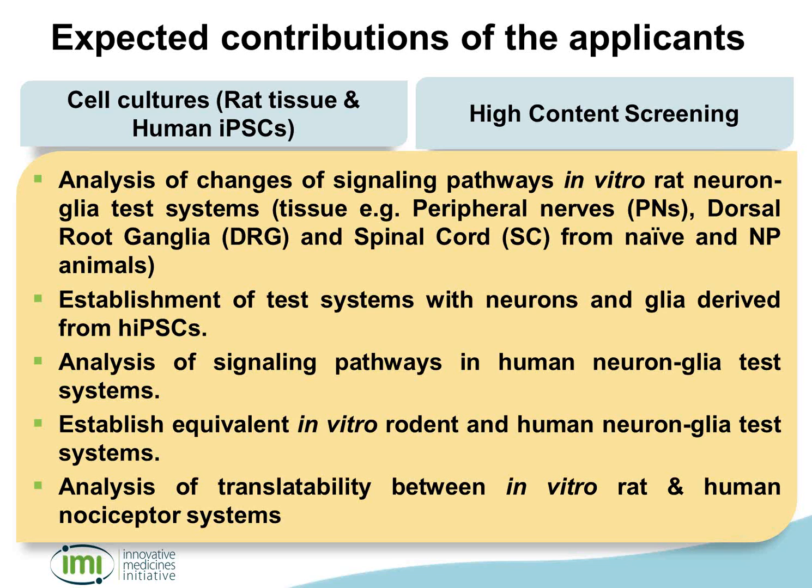Again, the exact definition of what should be done in a very specific way will be defined during the full proposal process. But this is what we expect from an applicant consortium.